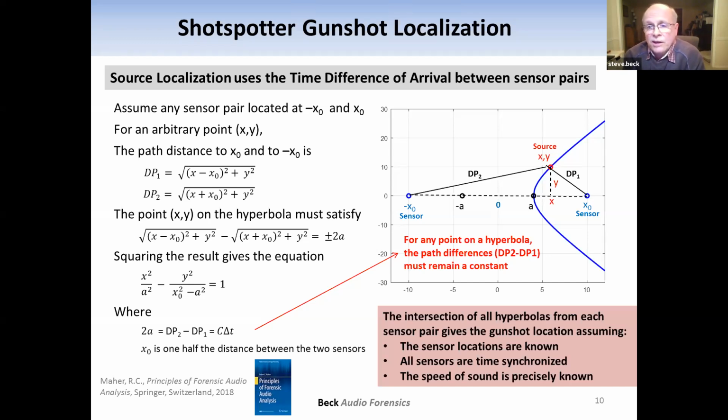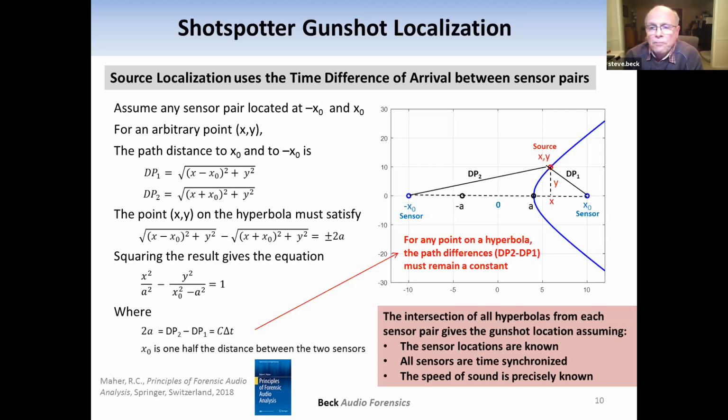So what they do is they take a pair of sensors and they know the distance between those sensors and they have the time difference of arrival, okay, from any event. So when any sensor detects something and they can get the actual time from the GPS, then they can compute the time difference between those two sensors.